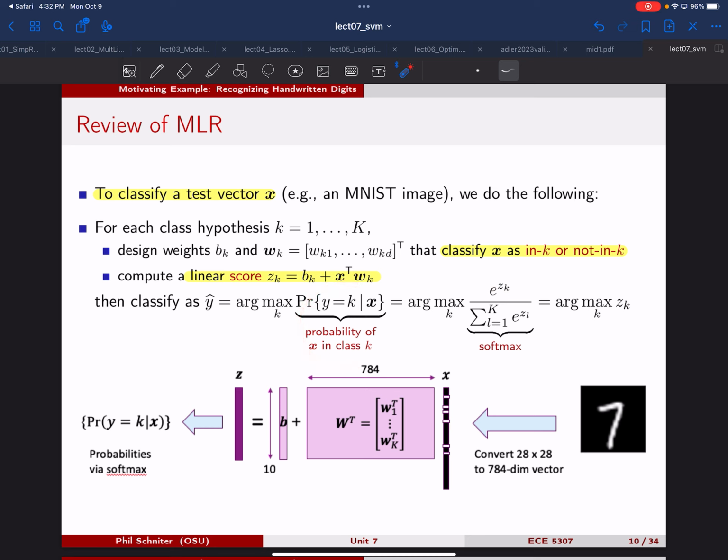So if you want to just look directly at the scores, that's enough. You just look through these and you choose the index of the largest score. That is going to give you the same results. So that's just a review of how linear classification works, essentially. And for MLR, we just trained in a particular way to get those coefficients.